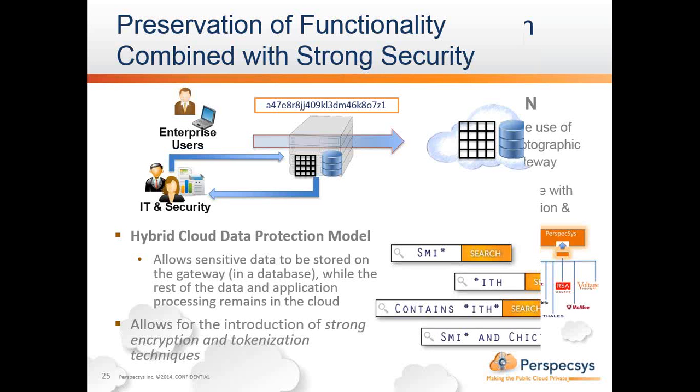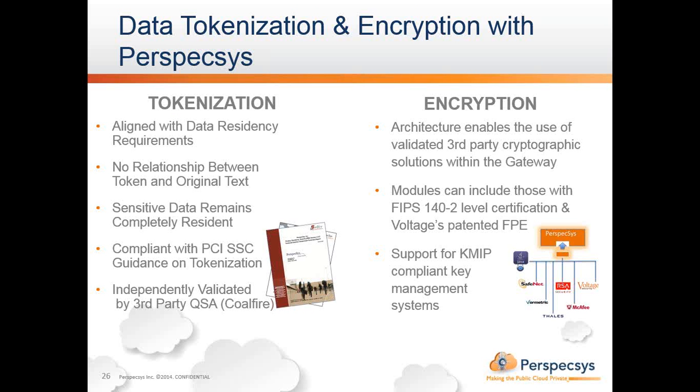But Perspecsys took the approach of actually designing the surrogate tokens with the strongest form that PCI SSC references, which is more of a sequential approach where there's no mathematical link between the token and the original value. And because there's no mathematical link, that really plays well for those that are trying to satisfy the spirit of the requirements around data residency and data sovereignty.